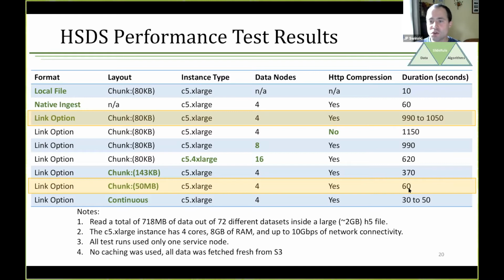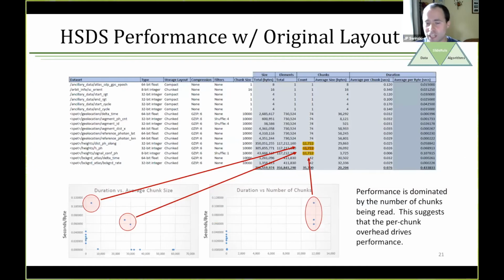It's a huge difference in the number of chunks. It's reading the same amount of data. The only difference is the number of chunks that compose that data. That's the only difference, and we get this factor of 15 or something performance improvement. And why is that? So again, this is another chart that you guys have seen before if you attended the users group meeting.